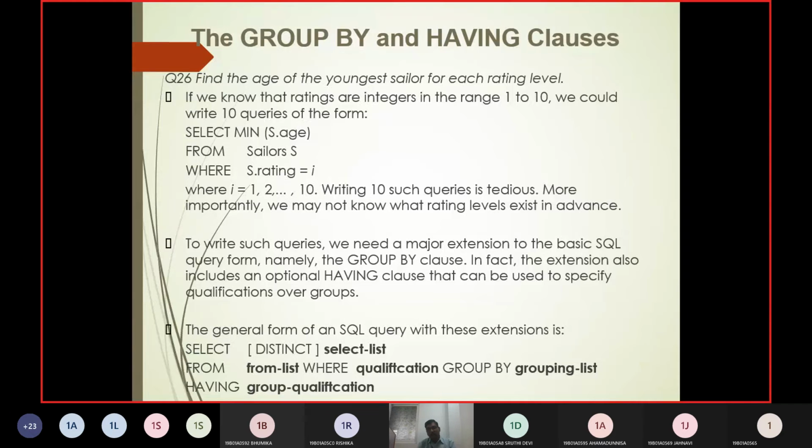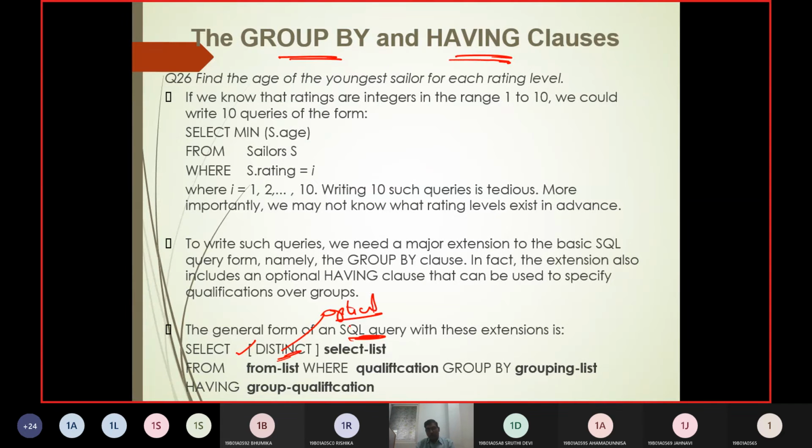The next significant words in SQL after the from clause and the where clause will be the group by clause and the having clause. So now we have this query at this point of time. We need to see that distinct is going to be optional.